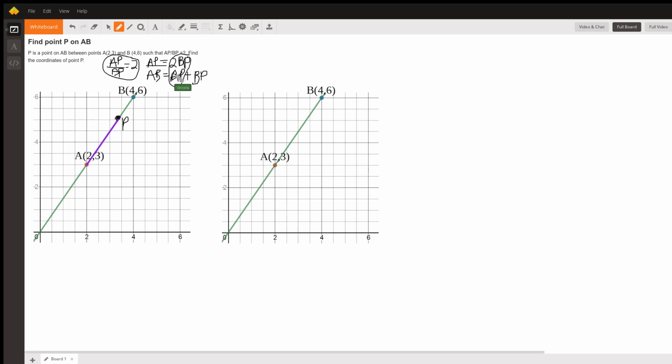I can replace this with 2BP. And so now what I have is that the whole length AB is 3 BPs. But a more useful thing would be to divide by 3 and get that BP is just 1/3 of the length of AB.